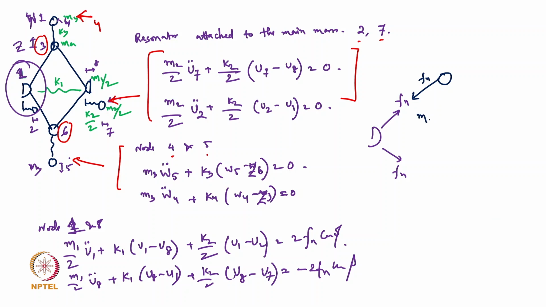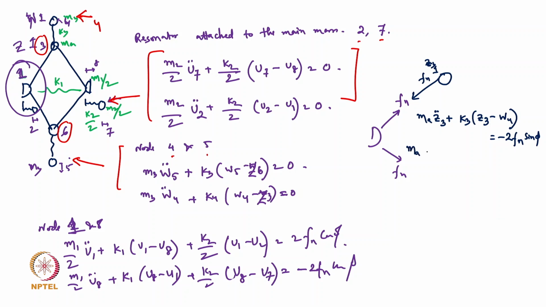For node 3 it will be M3 into Z3 double dot plus K3 into Z3 minus W4 should be equal to minus 2Fn sin phi. So that becomes my equation for Z3 double dot, Z3.